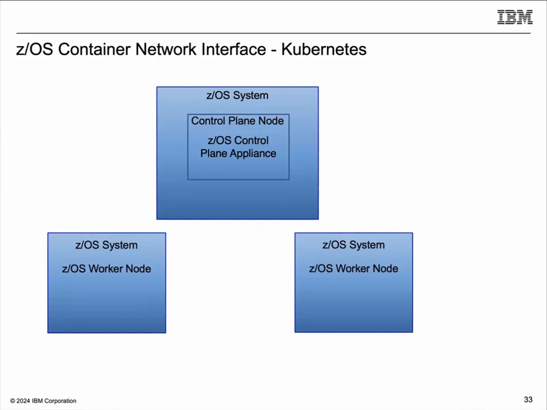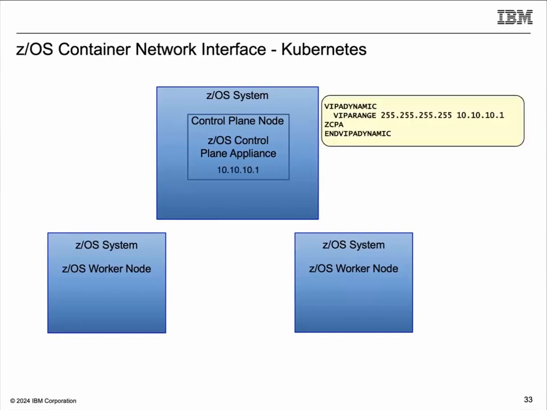That control plane node, what we've done here is we're going to be creating a new type of appliance that is essentially running Linux within an address space again on zOS. It's going to have all the components to make up a control plane. There's a lot of complexity inside that control plane, and we're essentially making it a single appliance that requires very little configuration in order to use it.